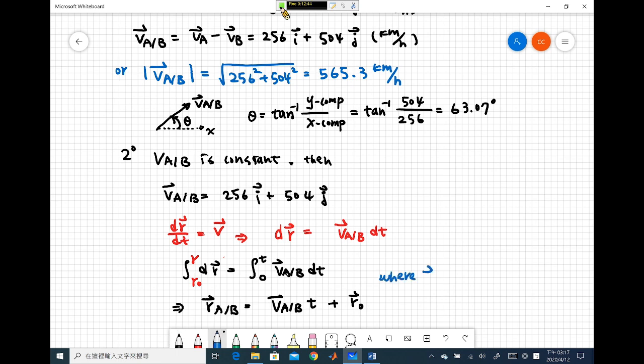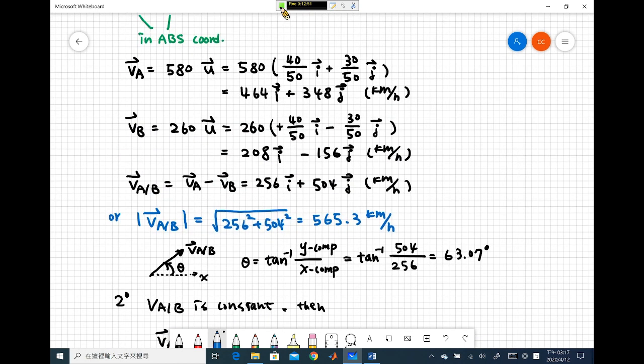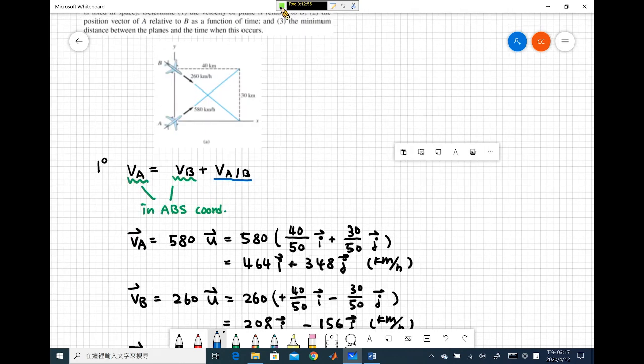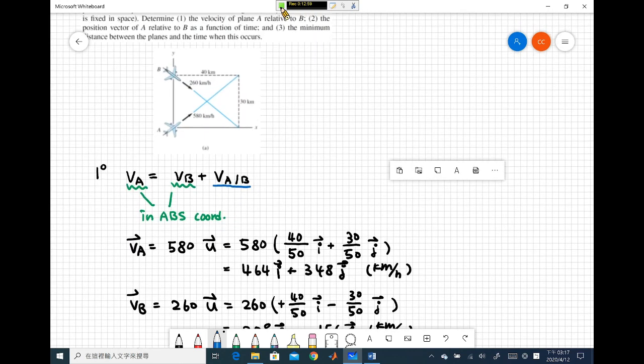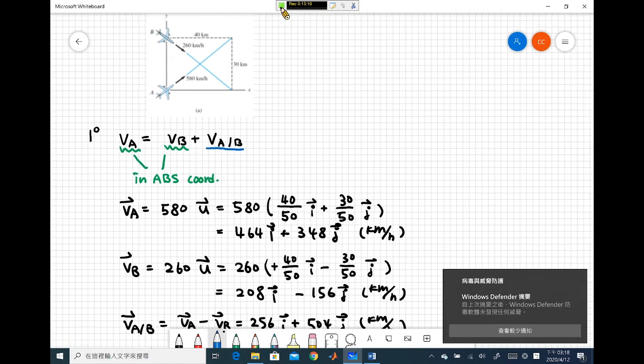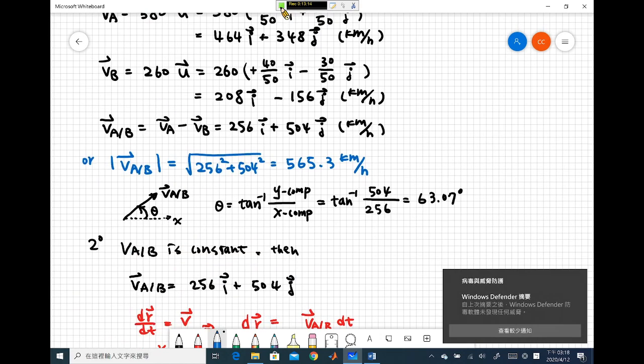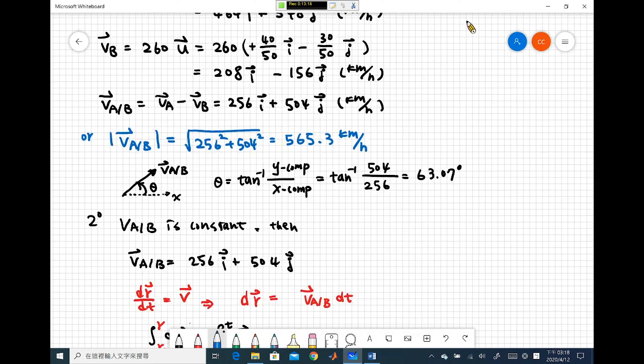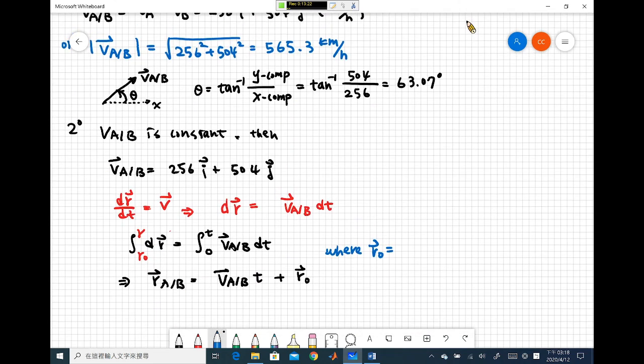where your r0 is, you go back to the problem statement. It will be RA minus RB, right? RA is at the origin. RB is 30 kilometer above this A, right? So it will be your RA minus RB in the beginning. RA is 0i plus 0j.